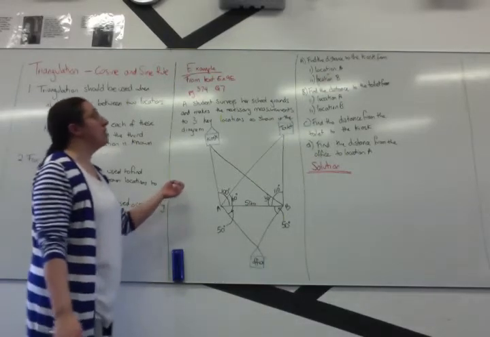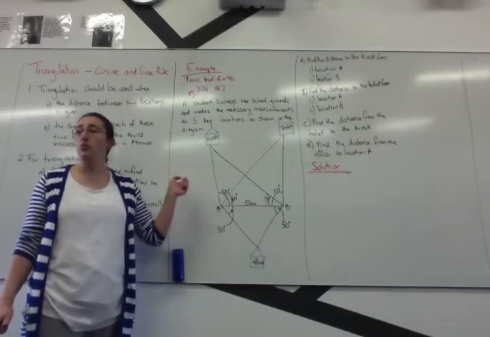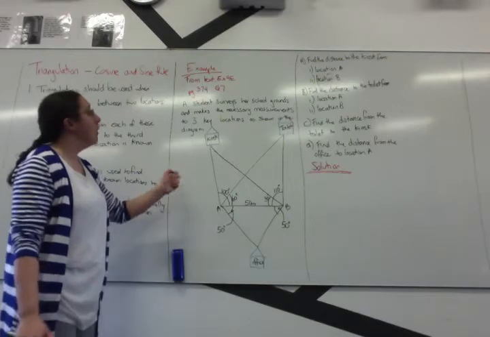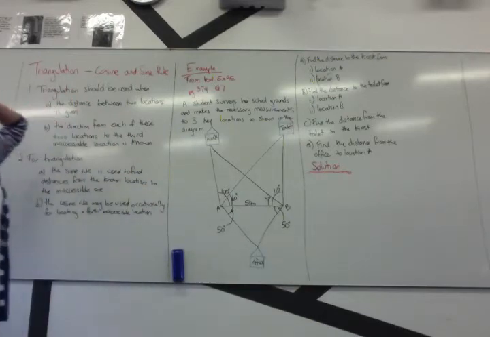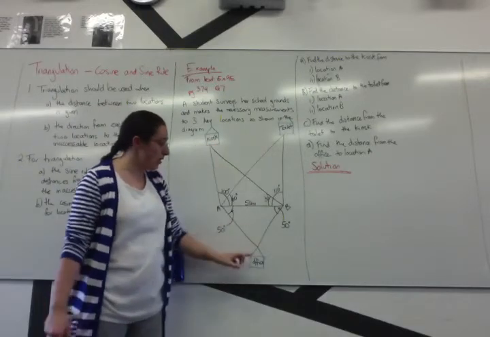So, this is straight from your textbook. So hopefully you guys will refer to that later on. Page 374, question 7. The student surveys her school grounds and makes the necessary measurements to 3 key locations as shown in the diagram. So she's got a kiosk, toilet, and her office.